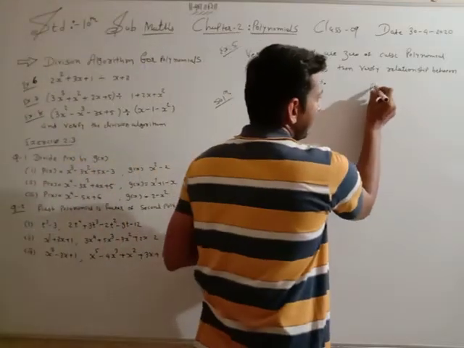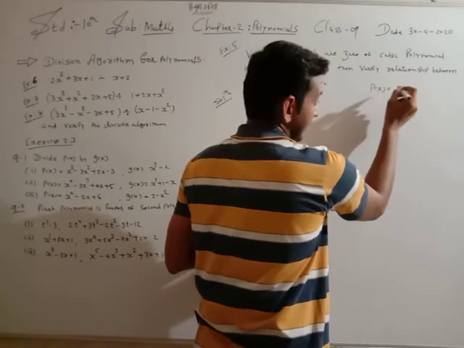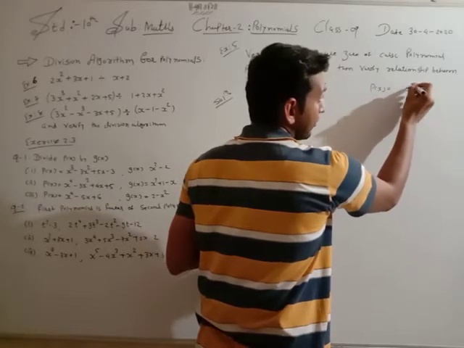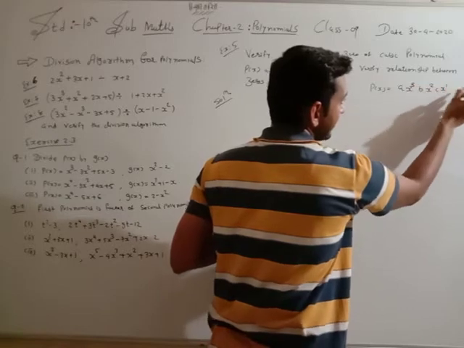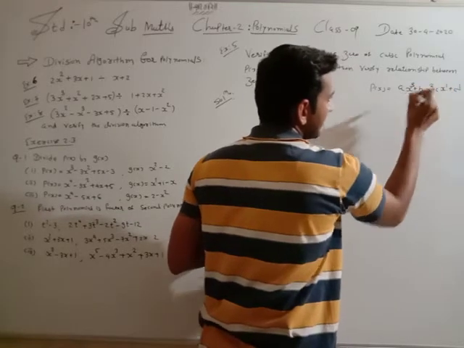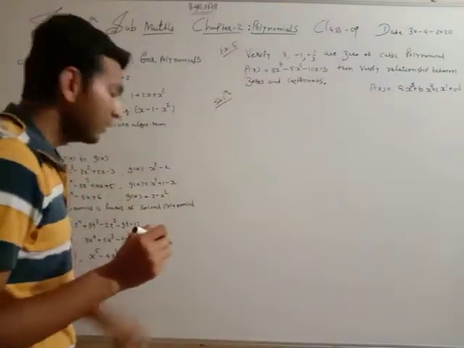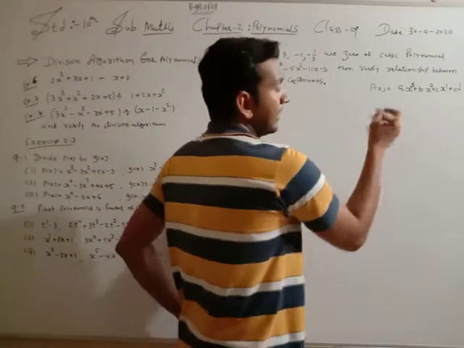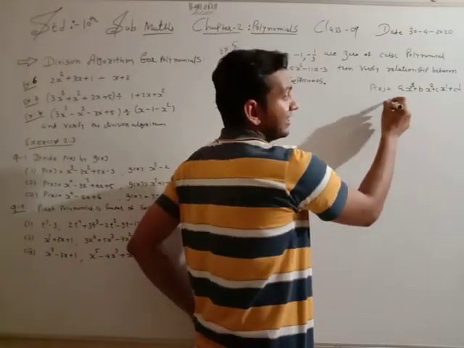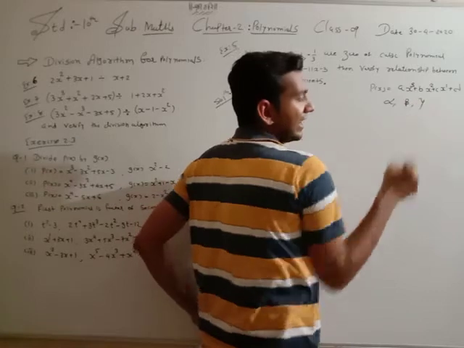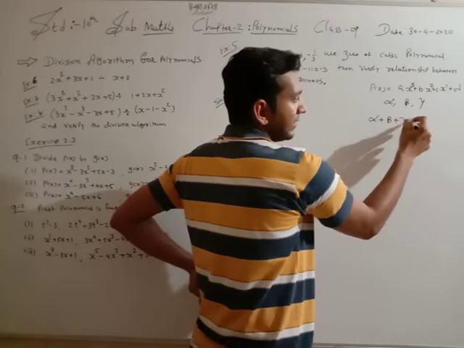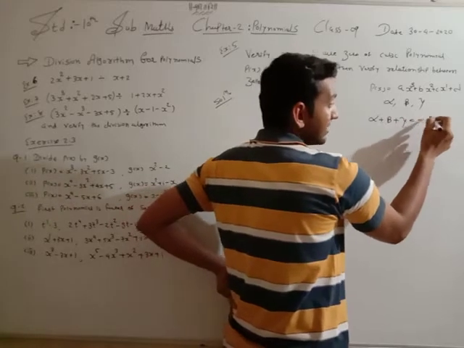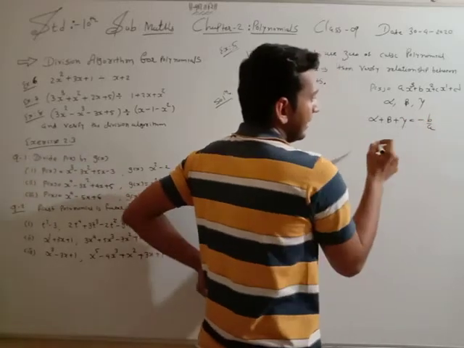See, P of x is a cubic polynomial, so the powers are 3, 2, 1, with coefficients a, b, c and d. This is my general form of a cubic polynomial. In the case of a cubic polynomial, there are 3 zeros: alpha, beta and gamma. The sum of zeros, alpha plus beta plus gamma, is always minus b by a.